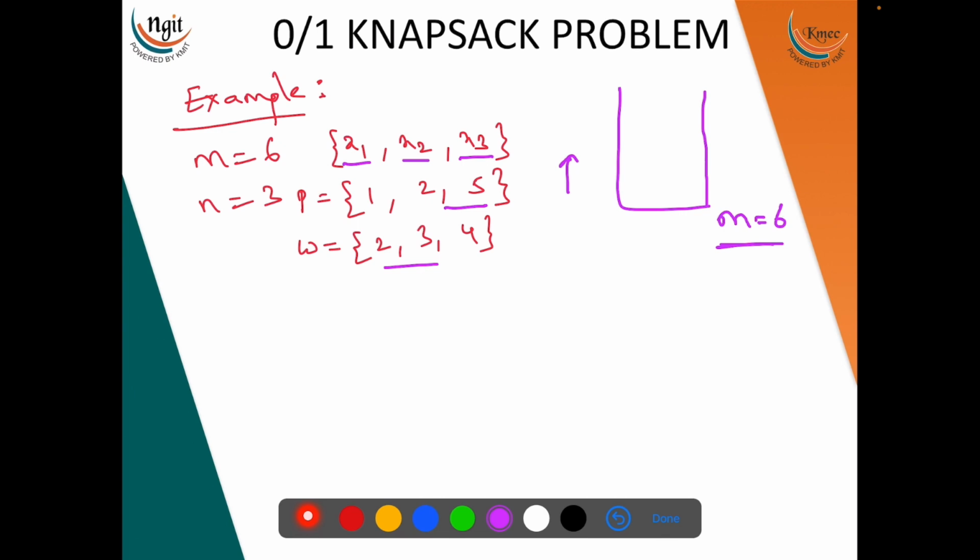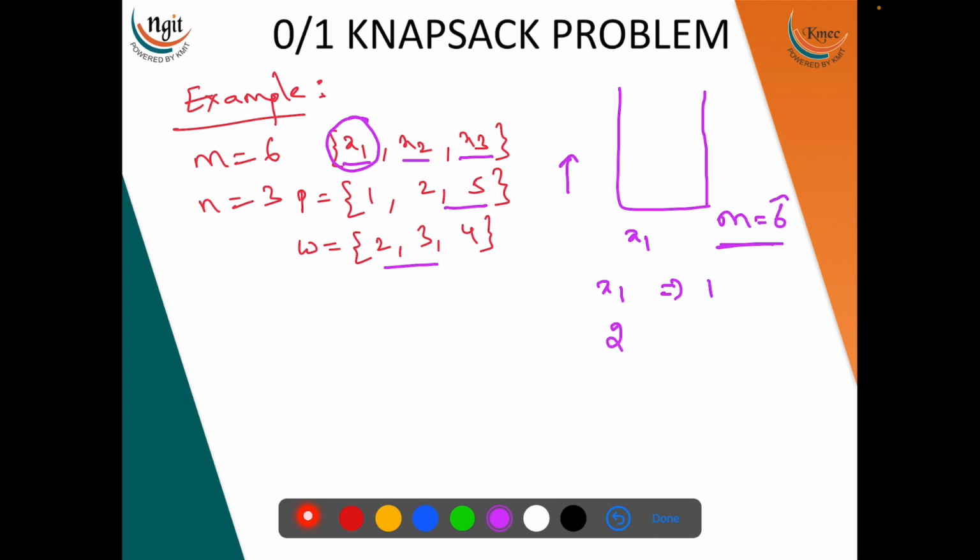First, think about whether I can place the x1 item into this bag. If I place x1, I get the profit which is 1 and the weight is 2.